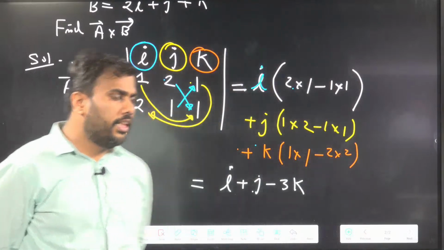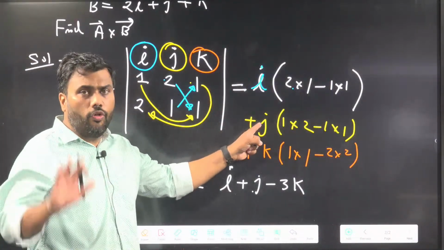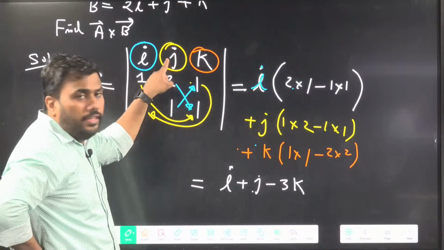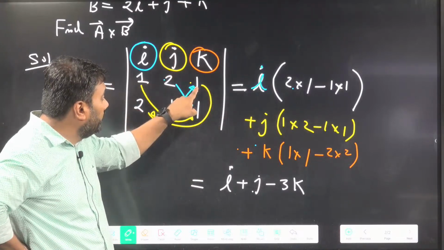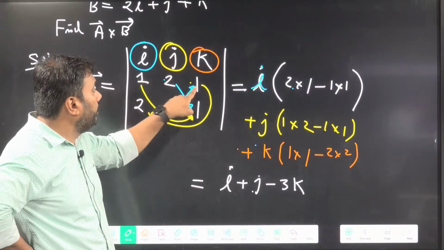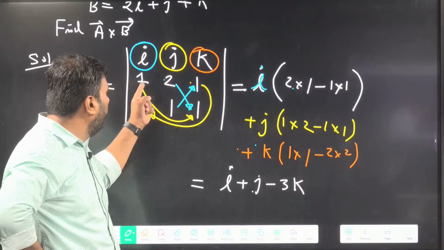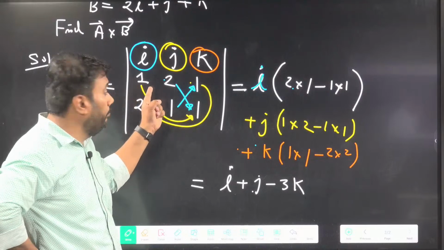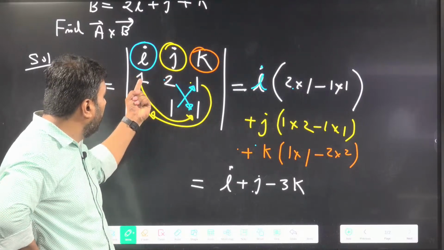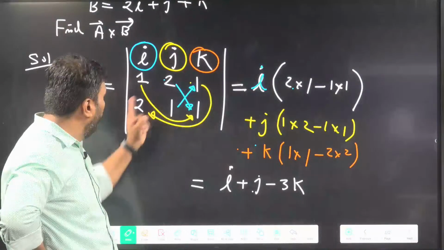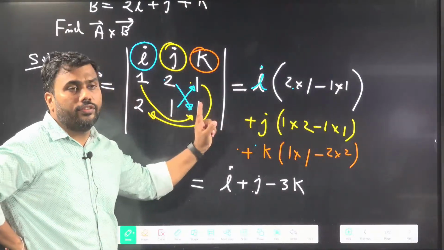So Naidu is asking whether a negative j cap should be written. No, Naidu. For j cap, I am starting with the z first. I am starting with 2 into 1, then 1 into 1. Some people write j and multiply this way, 1 into 1, 2 into 1, then put a negative sign here.